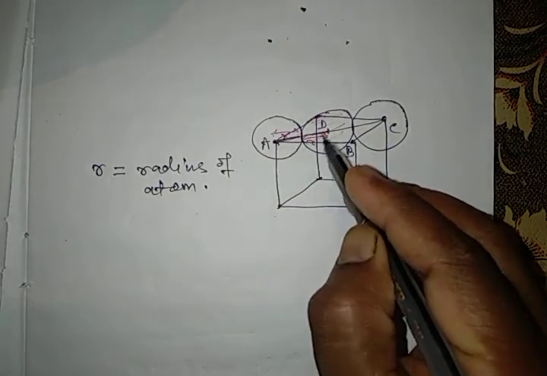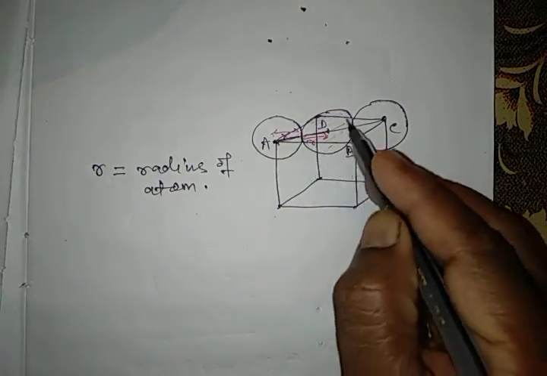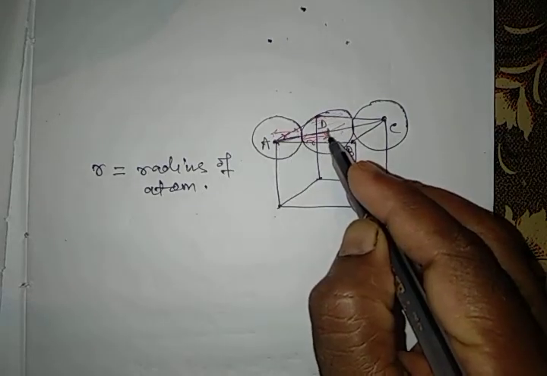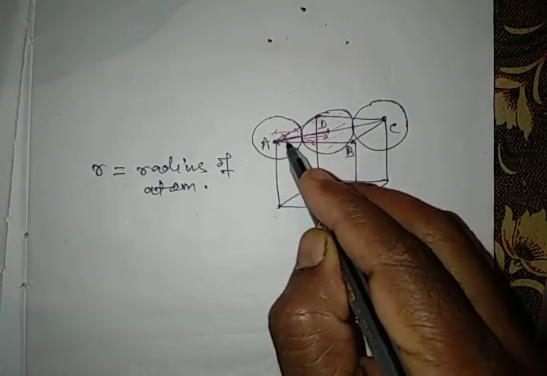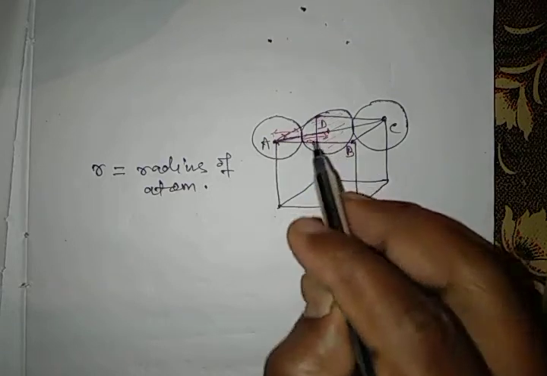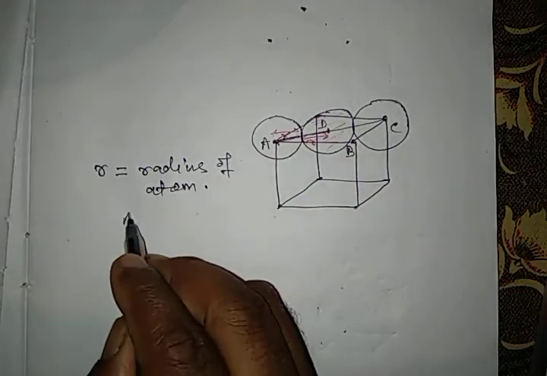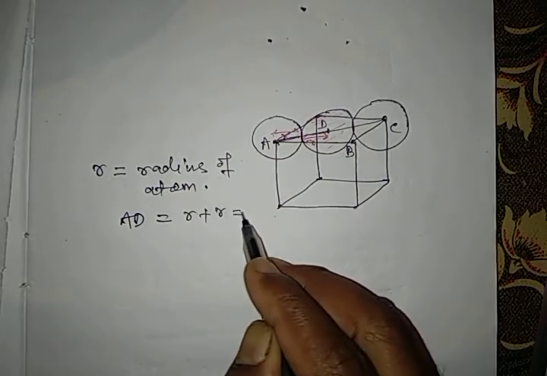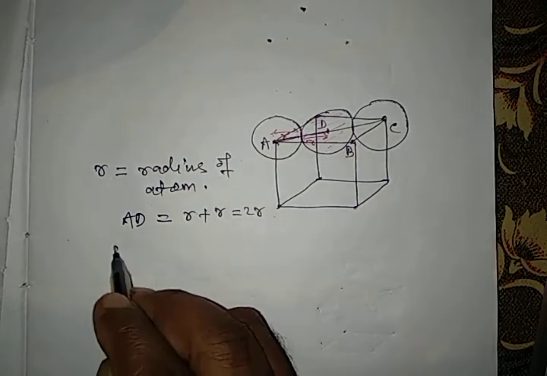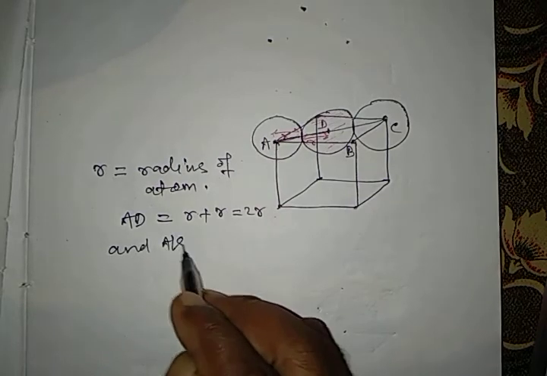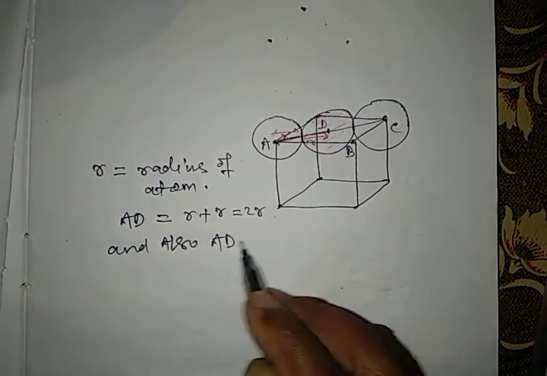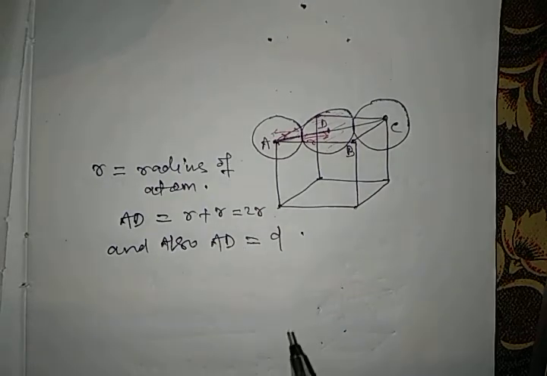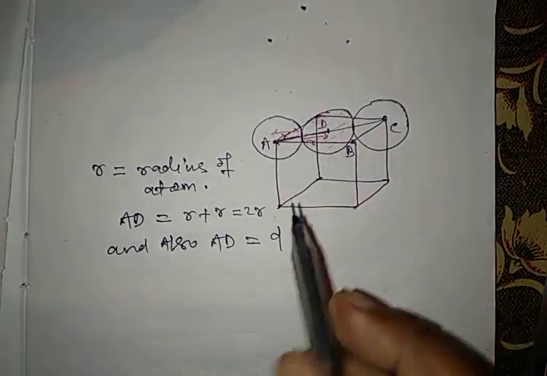And AD equals how much? AD is also r plus r, 2r. That means AD equals r plus r equals 2r, and also AD equals d, the distance between the two nearest atoms.